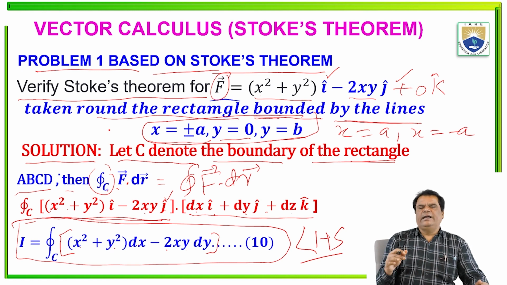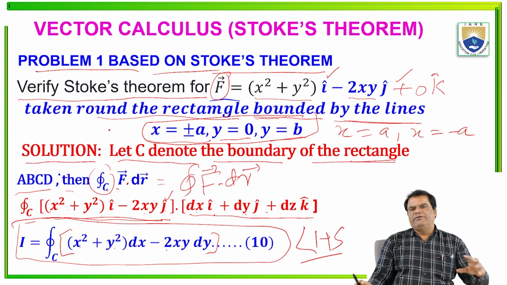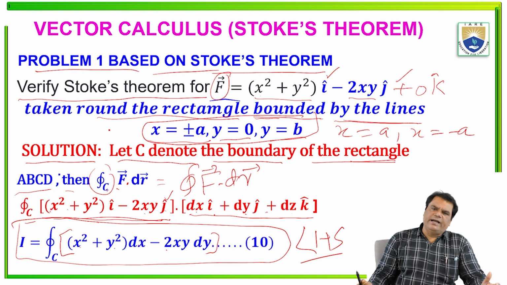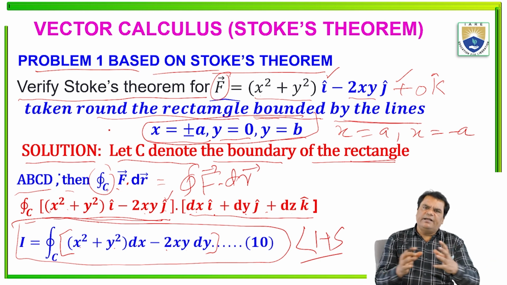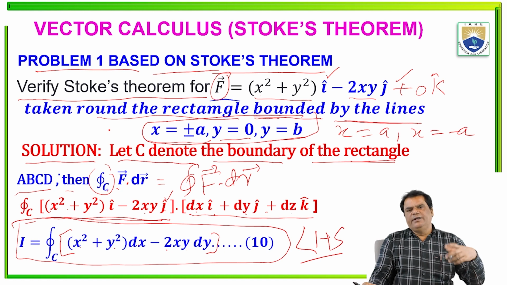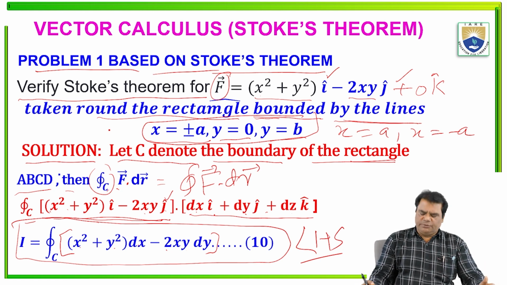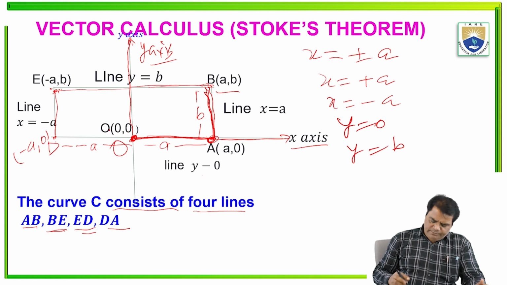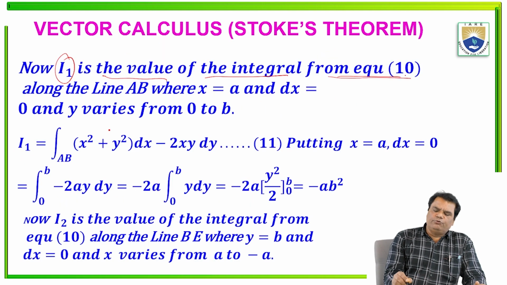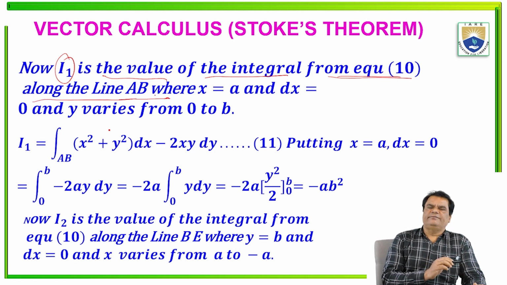And along the DA line, that is integral 4. One by one we calculate the value of the integral according to the lines. After adding all integrals, we get the value of the integral over the rectangle. So here I1 is the value of the integral from equation 10 along the AB line.